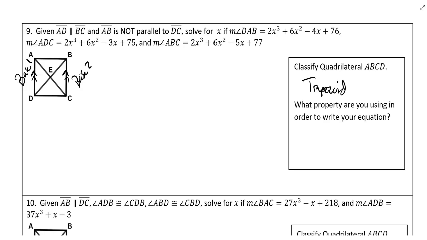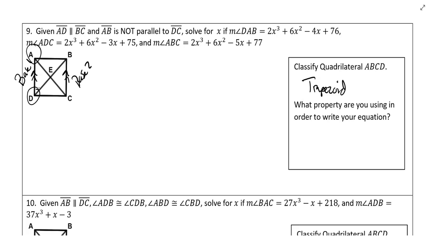DAB is this one here, ADC right here. Those are base angles. We don't know that base angles are congruent though, because it's not an isosceles trapezoid, it's just a trapezoid.